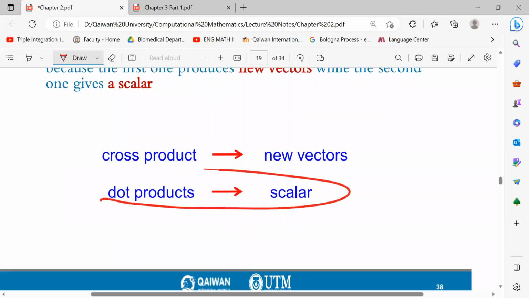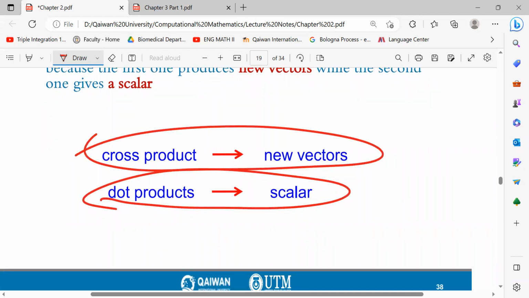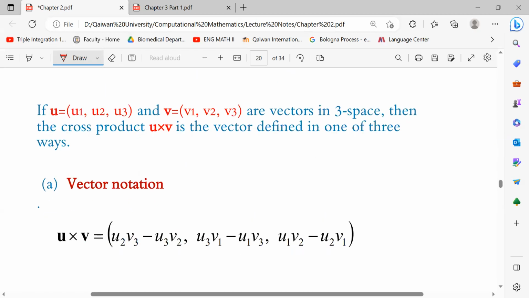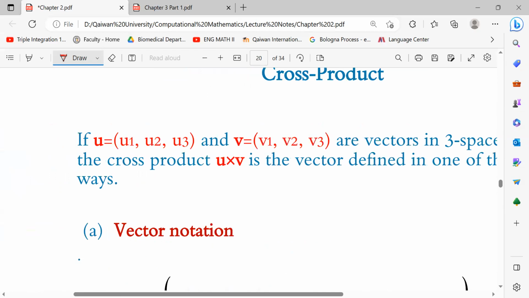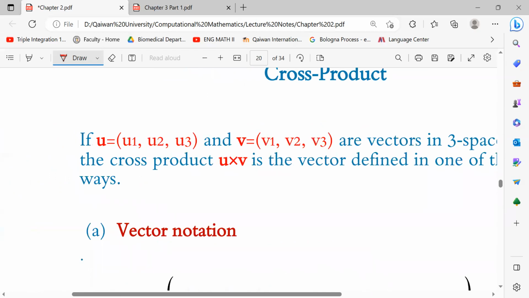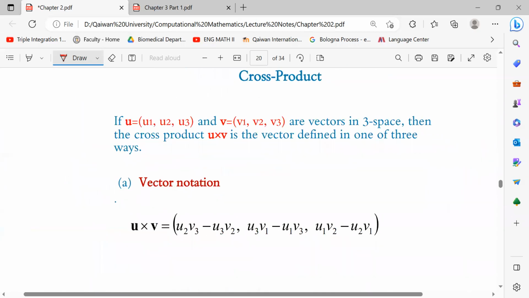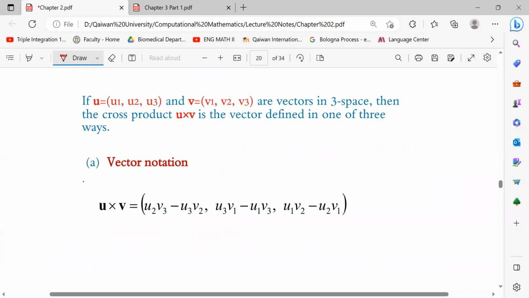As you see, in dot products we get a scalar; in cross products we get a new vector. I think we have studied how to find the determinant of a matrix. If we know that, it's easy to find.